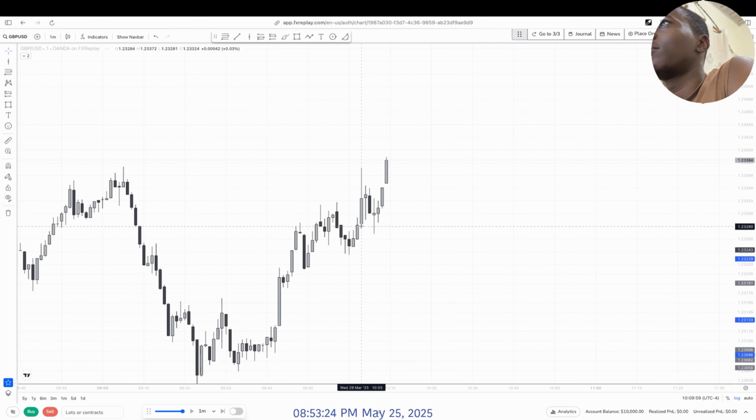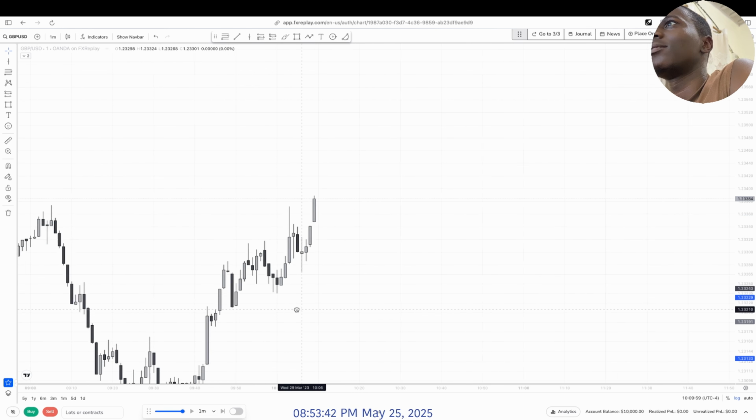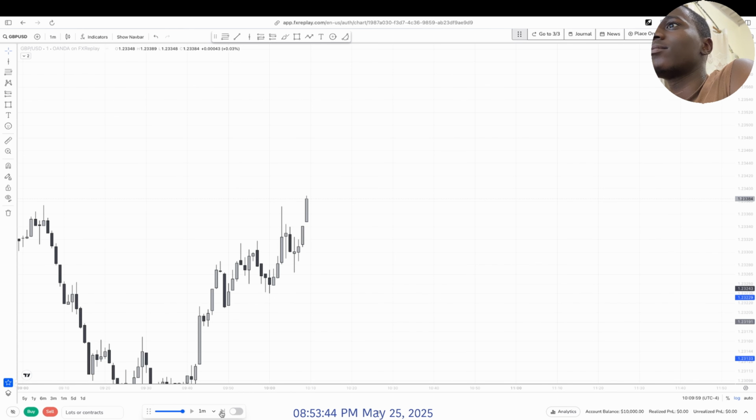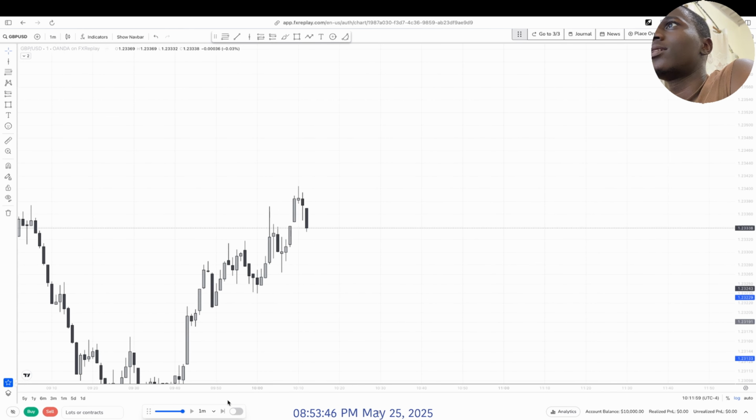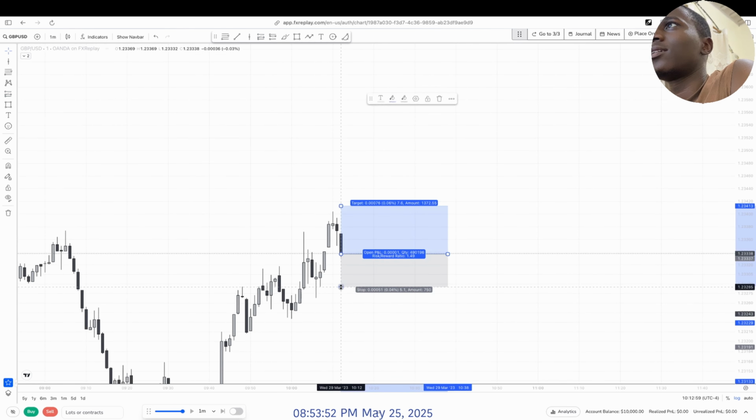So we have a small gap right here, which was from the 10:02, which was respected. We also have another big one right here, so you can expect this one because it also caused a shift. It happened after a shift, so you see a shift, a gap, so you can enter on this gap. Which means we can have a trade here, and then we target a 1 to 2.